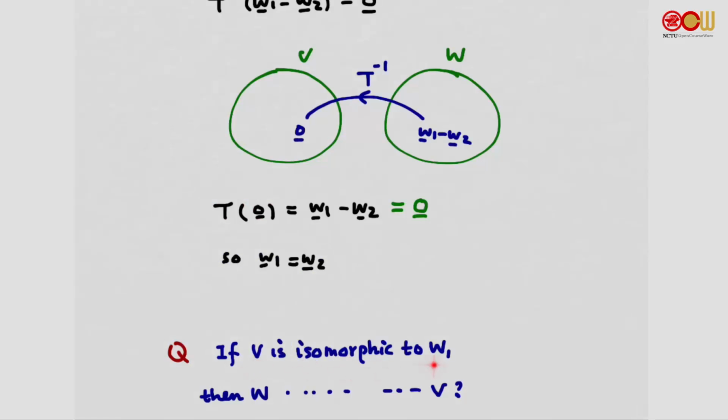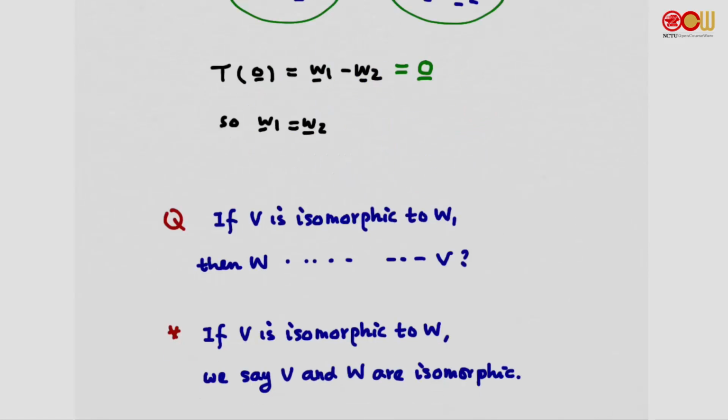If V is isomorphic to W, we can find an isomorphism from V to W. And the inverse of that isomorphism, T inverse, would be an isomorphism from W to V. So W is isomorphic to V. So if V is isomorphic to W, W is isomorphic to V. And we simply say V and W are isomorphic.